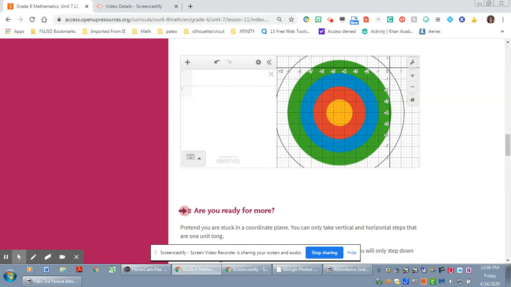Number 2 is 10 points, so you have to hit the yellow. So you could do negative, you can go half, 4.5, and 1, 2, 3, 4, -4.